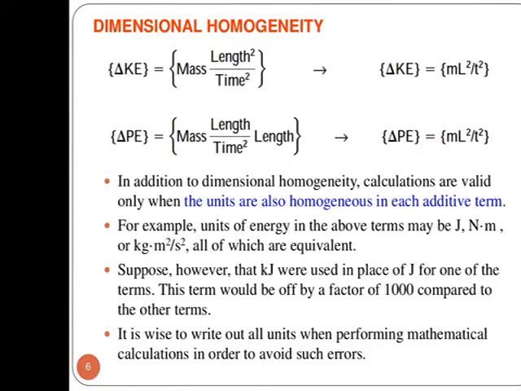Suppose, however, kilojoule were used in place of joule for one of the terms; it would be off by a factor of 1000 compared to the other terms. It is wise to write out all the units when performing the mathematical calculation in order to avoid such errors.